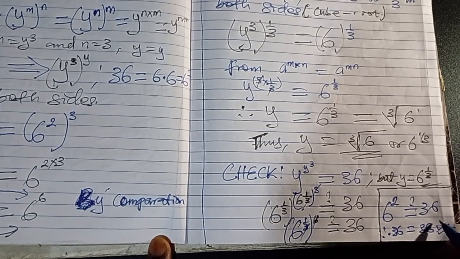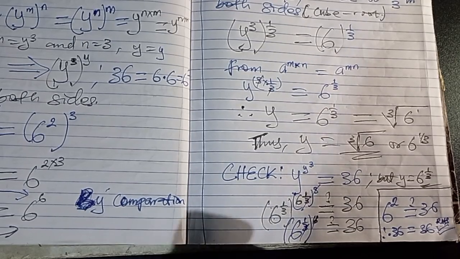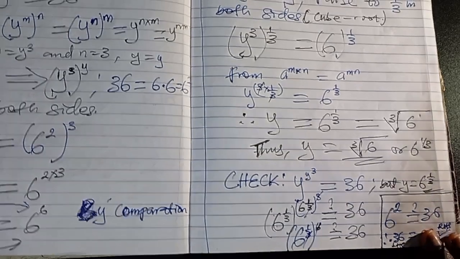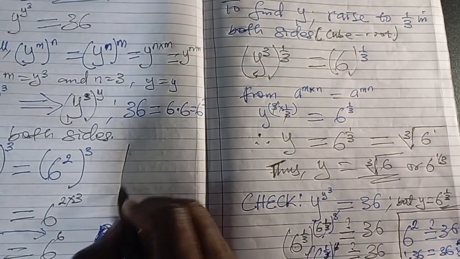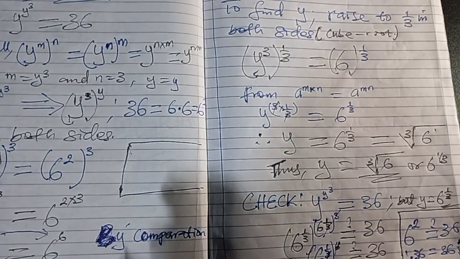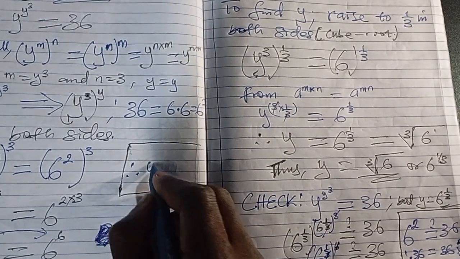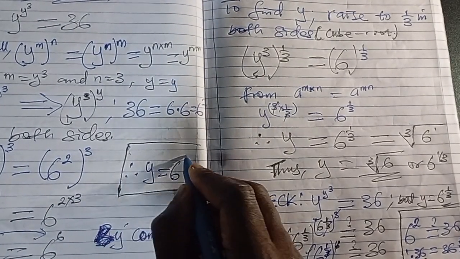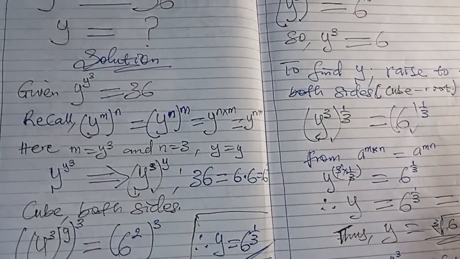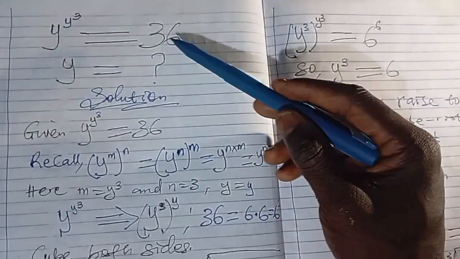Okay? This is the right hand side and this is the left hand side. Therefore, the value of y is equal to 6 raised to power 1 over 3. Proved. Alright, quick recap. Y raised to power y cube is equal to 36.